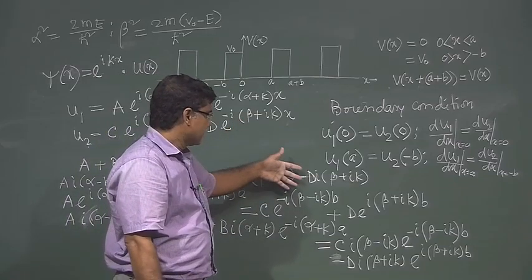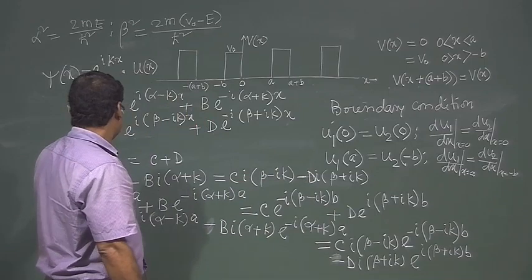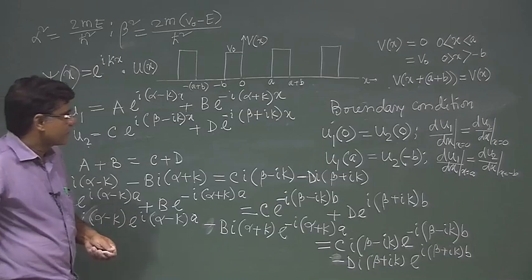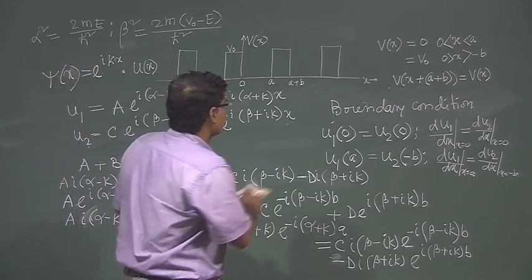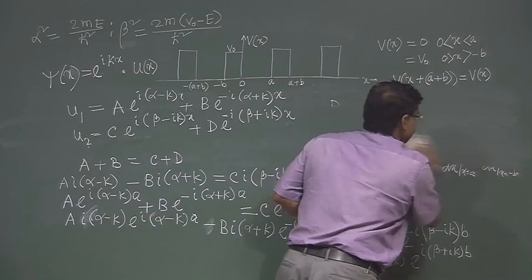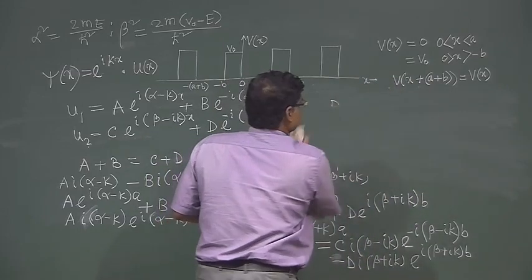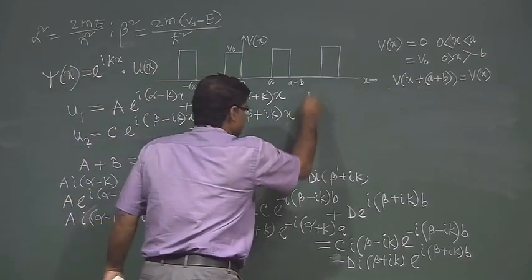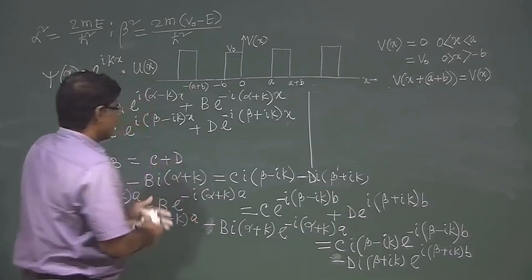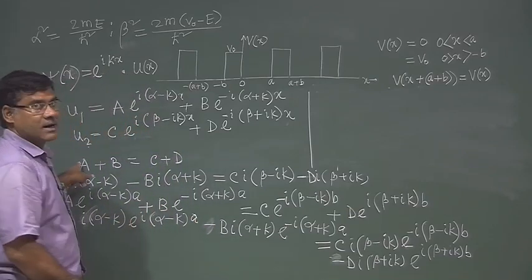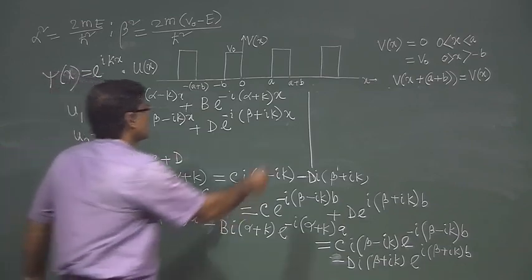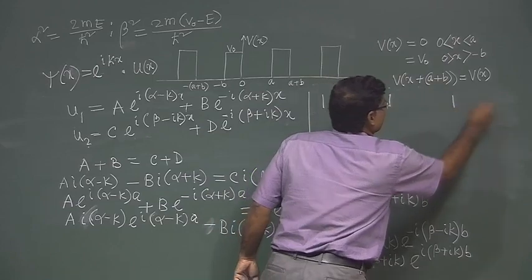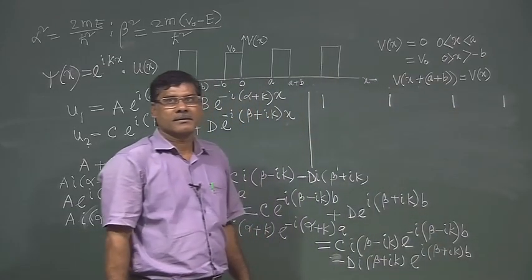So generally what people do, take the determinant. You see the coefficients of A, B, C, D, right. I can form a determinant, just from the coefficients. So the coefficient is 1 here, 1 here, 1, 1.